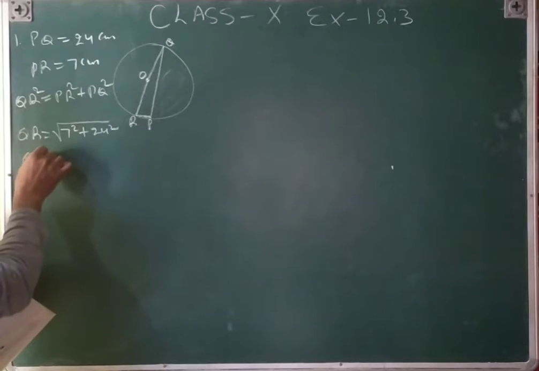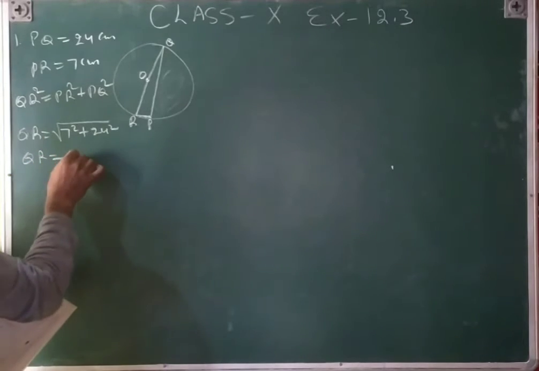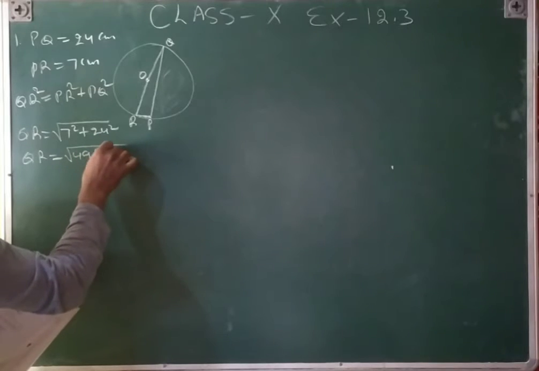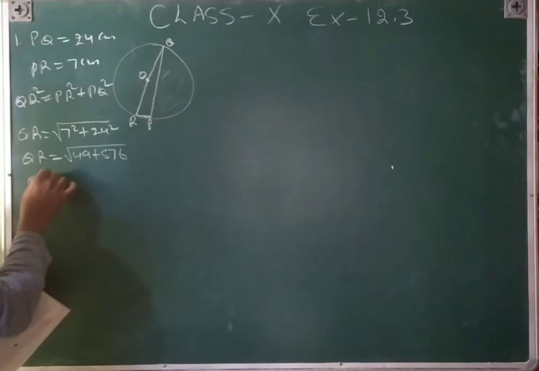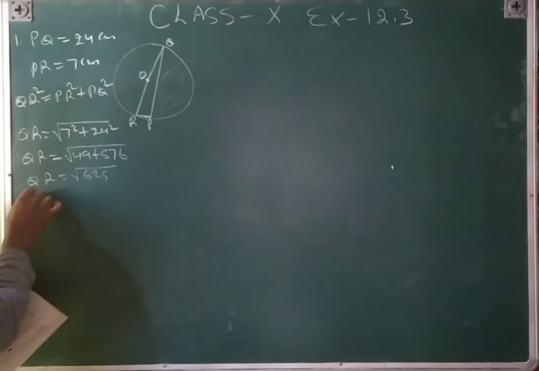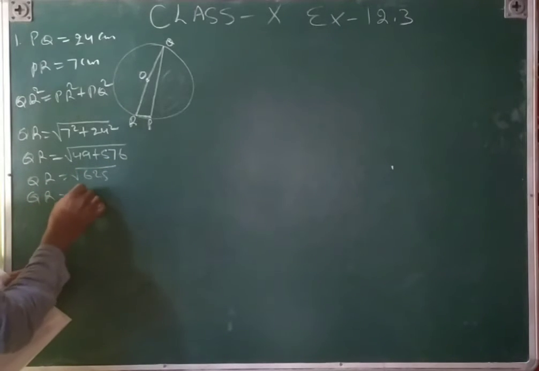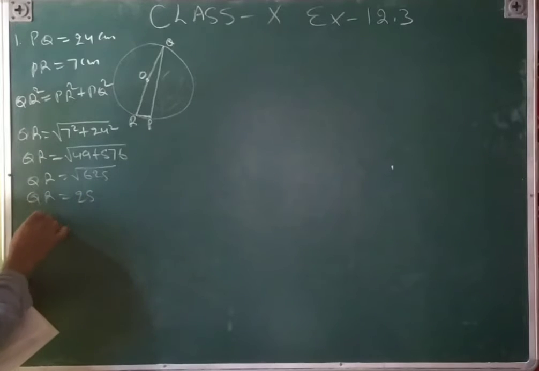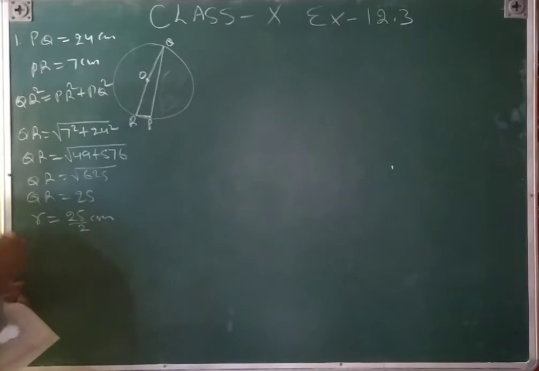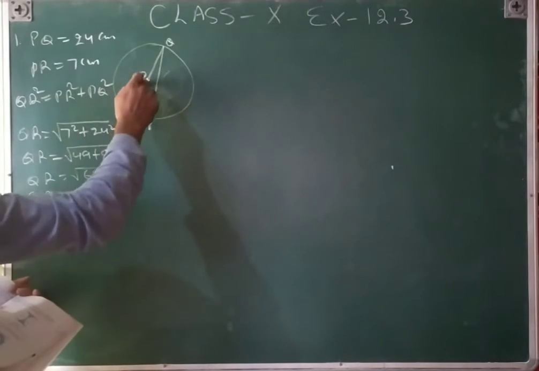QR is equal to 49 plus 576. So QR is equal to under root 625. So QR is equal to 25. So radius is equal to 25 upon 2 centimeter, because this is the QR, or radius will be this one.